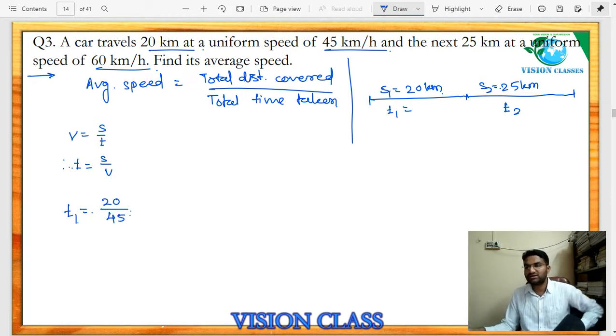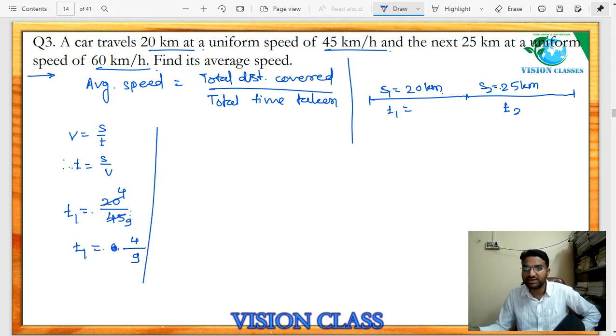So you will get the time T, right? Time T, 20 over 45. We can do it like this: 5 4s are 20 and 5 9s are 45, right? So 4 over 9 is T1. Now calculate T2. T2 is equal to, let's say here, 25 kilometer distance traveled, second case, right?